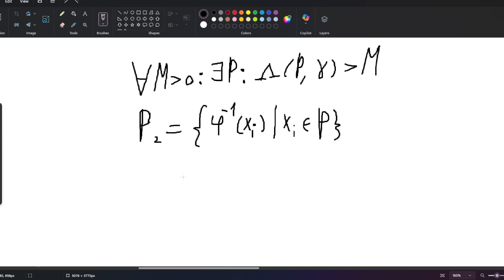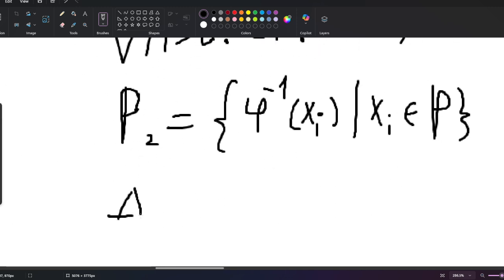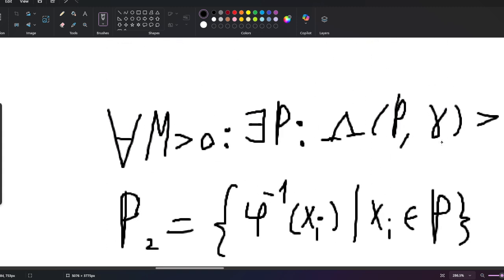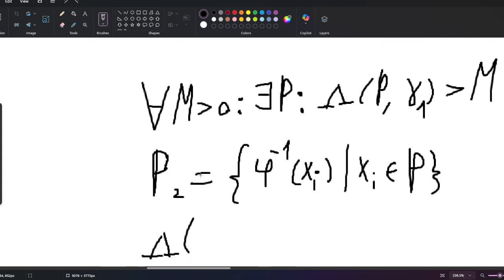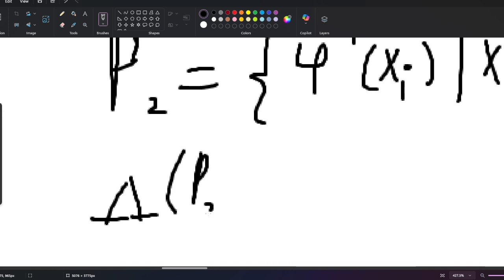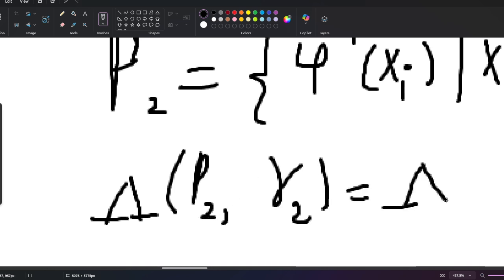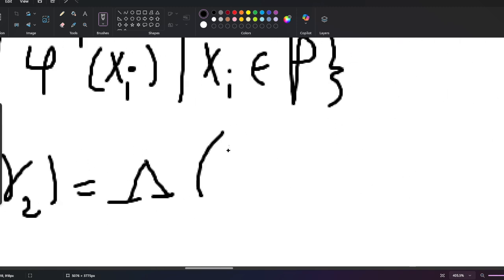Alright, now guess what? The length of, okay, first of all, I didn't specify the curve here. What would be gamma 1? The length of this partition 2 on gamma 2 is going to be equal to the length of partition 1 on gamma 1.